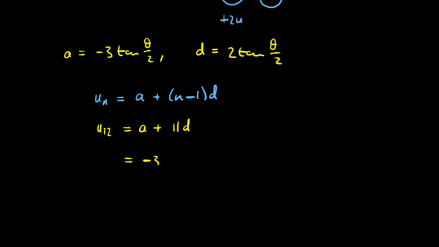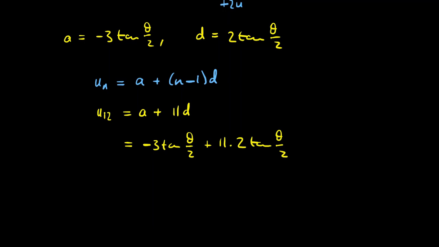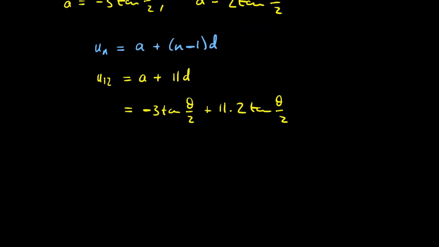We can just substitute our expression for a and for d. So a is negative 3 tan theta upon 2 plus 11 times 2 tan theta upon 2. And 11 times 2 is 22, minus 3 is going to be 19 tan theta upon 2.